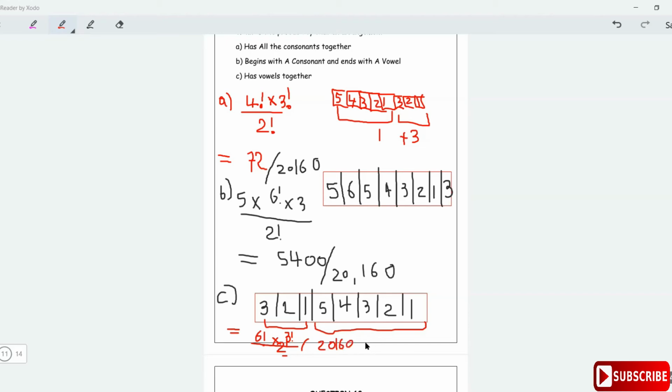That's how we take on this question. Easy. So we put that in our calculator and we get the answer.